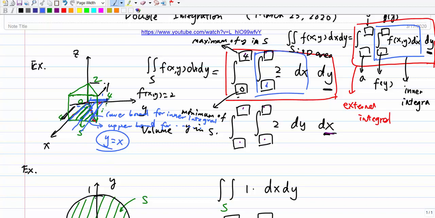That's why I have y as the lower bound: as y increases, the lower bound for x increases. When you let y be constant and draw a line across this area to figure out the lower and upper bound for x, you project here and here. This is the lower bound for x, and this will be the upper bound for x. So the lower bound will be y and the upper bound will always be 4.